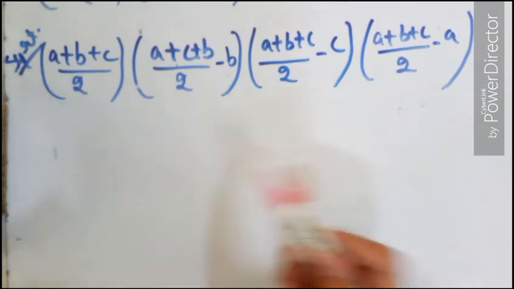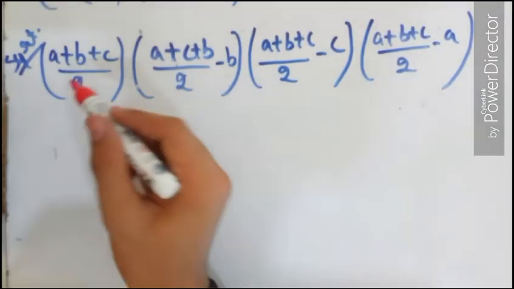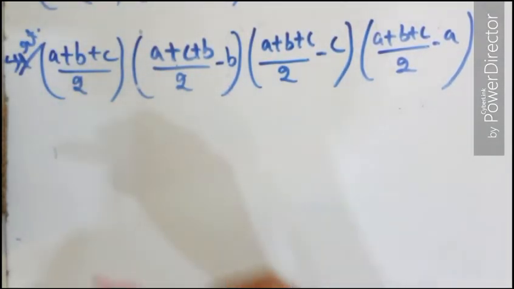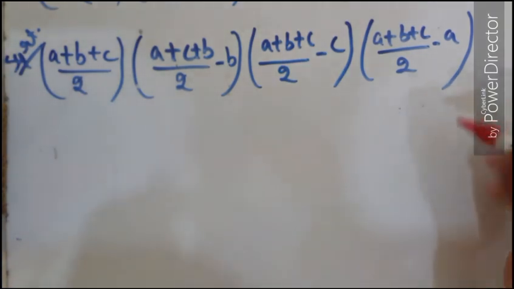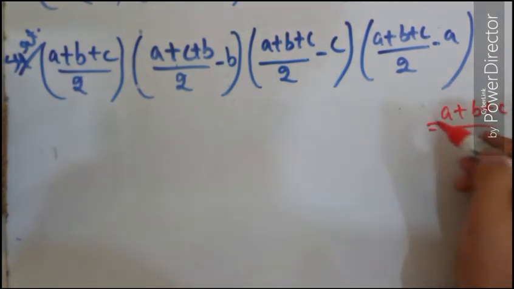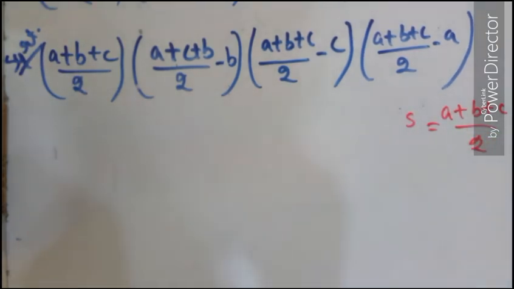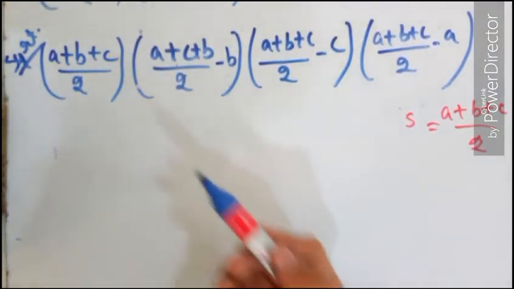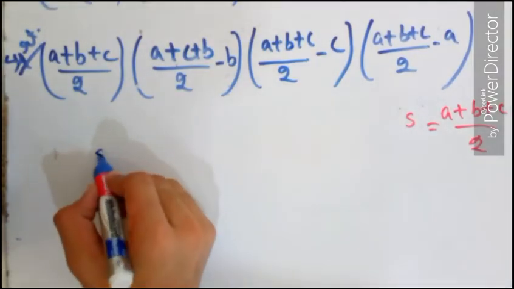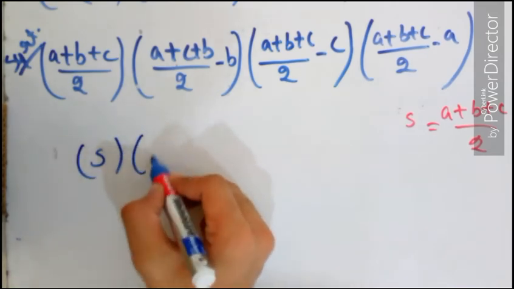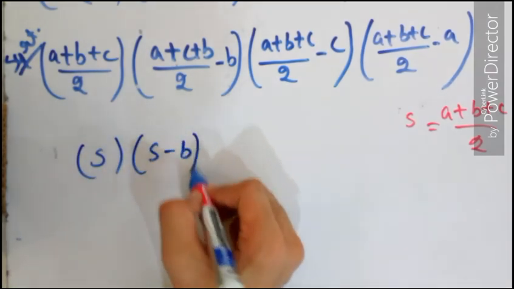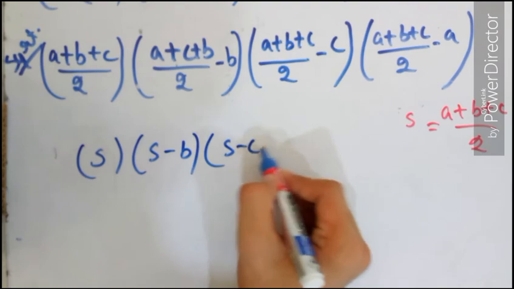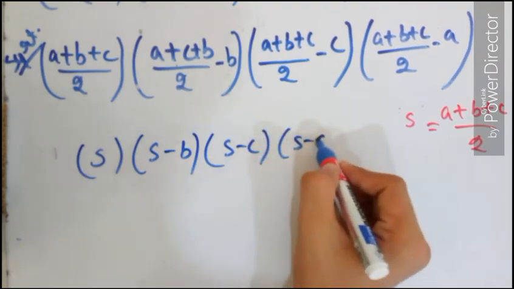This was under a square root, and so if we see here (a plus b plus c) upon 2, we know that it is the value for s we are finding. So if we substitute this (a plus b plus c) upon 2 with s right here, we will get s into (s minus b) into (s minus c) into (s minus a).